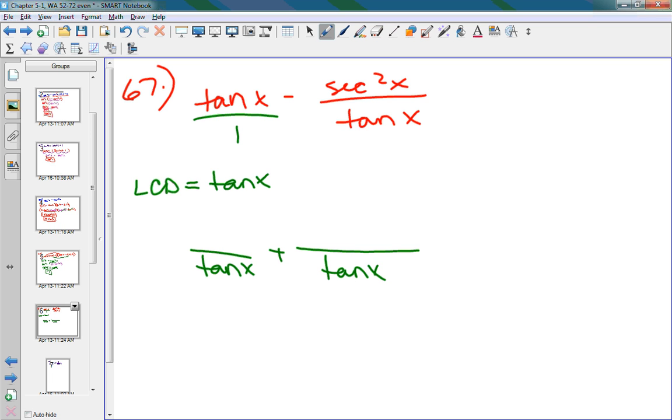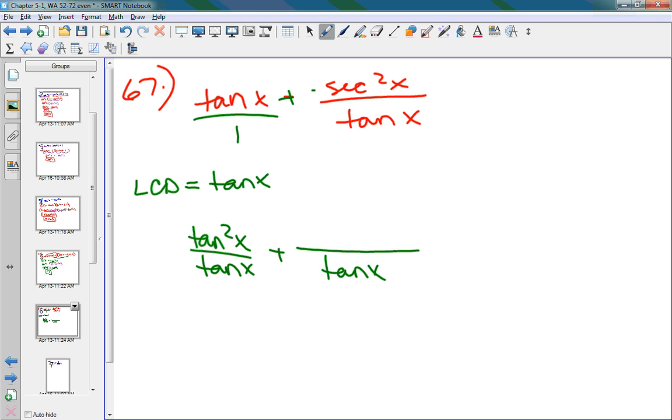So what did I multiply 1 by to get tangent of x? Tangent, so tan times tan is tangent squared. We all see that. Now, I'm going to change this to negative secant squared there, because it was subtraction. That way I'm not messing that up, and I know that I have to distribute the negative to every single thing.